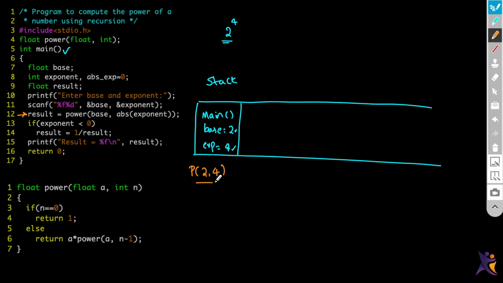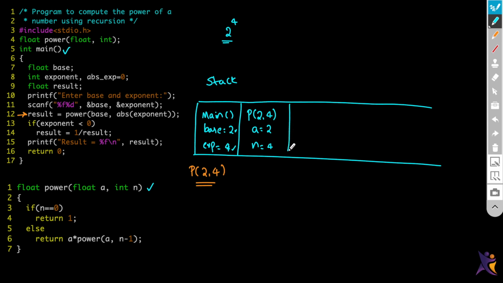Because of this, a new activation record will be created in the stack with the copy of the power function. So in this function I have a is equal to 2 and n is equal to 4.